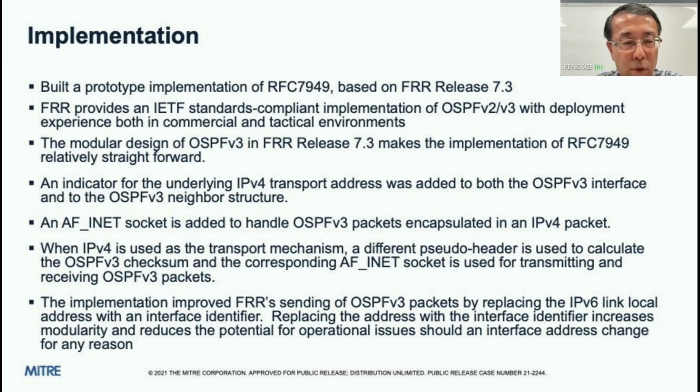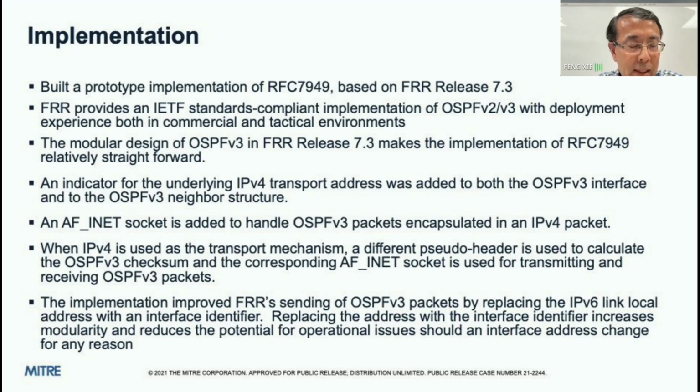So at the data structure level, we introduced a new IPv4 socket to the OSPFv3 instance. In addition to the IPv6 socket, right now we have both, one for v6 and one for v4. And then at the neighbor and interface level, we add the interface address that we use for IPv4 as the transport.